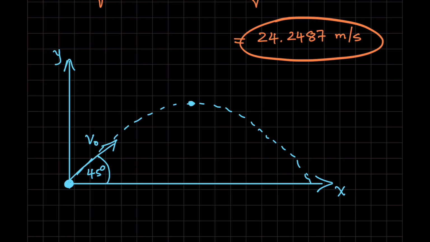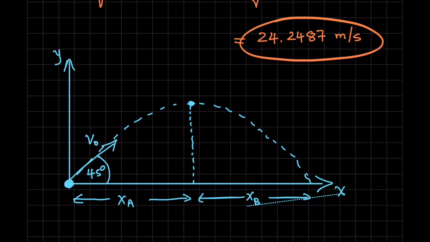So we can break this process into two parts. We can say, how far did the ball travel for the first part of the journey, and how far did the ball travel for the second part of the journey? And if we add that together, that will get the total distance that the ball traveled, right? Because why do this?